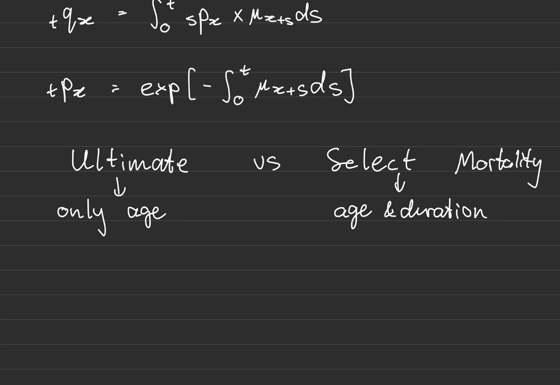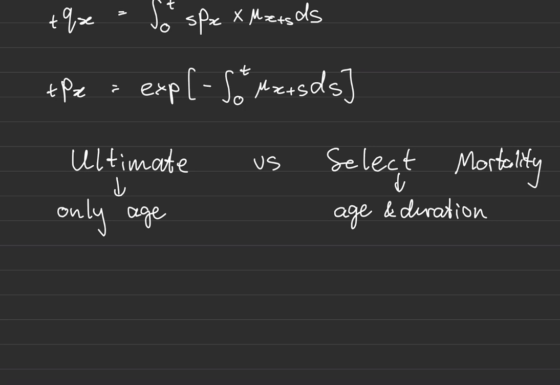Okay, generally speaking. Then after that point, as time progresses, we can expect this person to converge to a normal person's level of health. And so after a certain period of time, we'll stop taking into account this duration since policy inception. But within a particular period of time, say 2 years, that's called a select period, where we do also take into account duration.